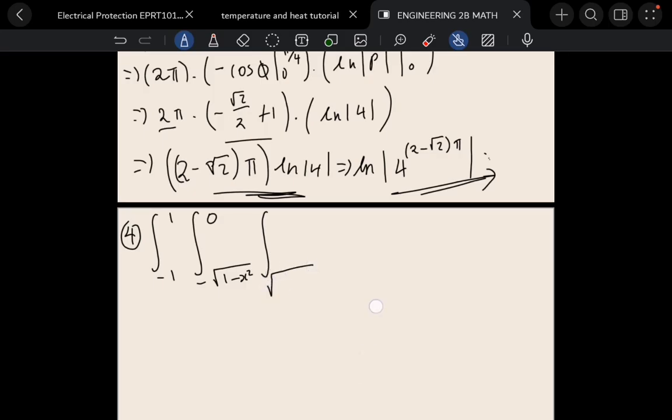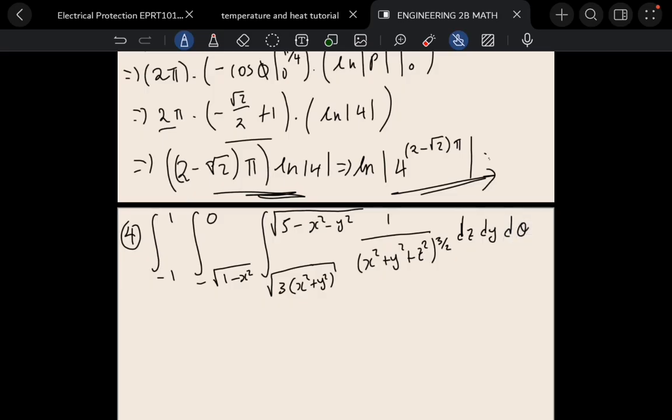And we have 3x squared y squared, and there we have the square root of 5 minus x squared minus y squared. And then after this we have 1 over x squared plus y squared plus z squared to the 3 over 2, dz dy dx. We have a problem like this.